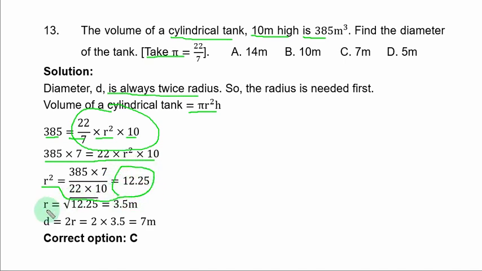To get r from r squared, take the square root of both sides. So r is equal to root 12.25, and that is 3.5 meters. You are asked to find diameter. Diameter is equal to 2 times radius, that is 2 times 3.5, and you have 7 meters. C is the correct option.